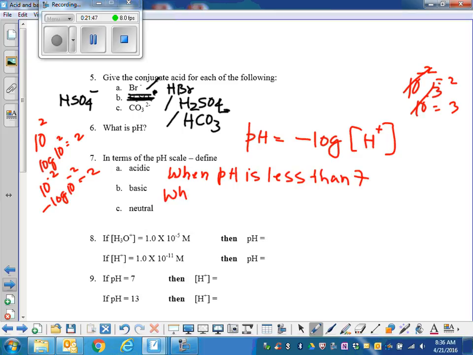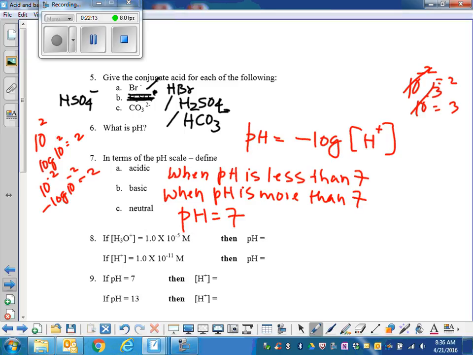Base is when pH is more than 7. Neutral is when pH equals 7. Please remember pH scale is defined with respect to water. When substances are dissolved in water, what is their hydrogen concentration? Does that make sense?